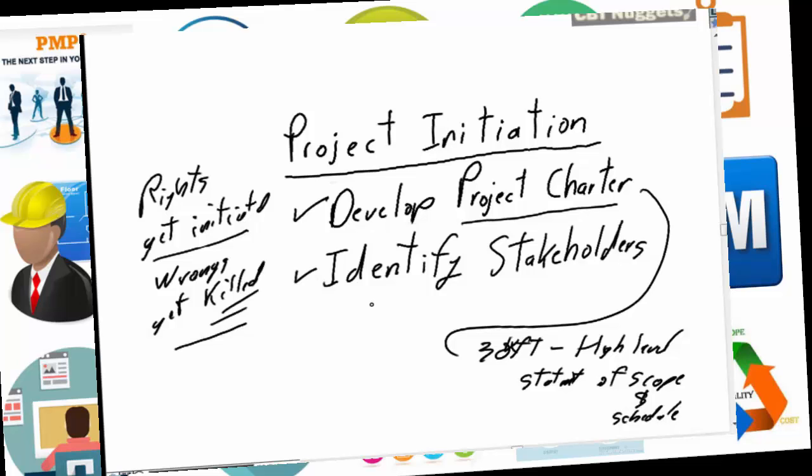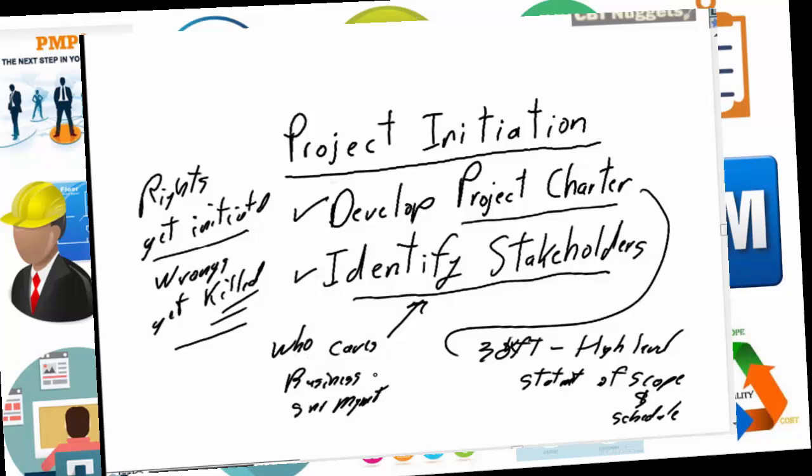The other key aspect of project initiation, and this is new in this release of the PMBOK guide, is the identification of the stakeholders. Who cares about the project? Who are the key stakeholders? From the business, from senior management, from our competitors, from our suppliers, from our customers.